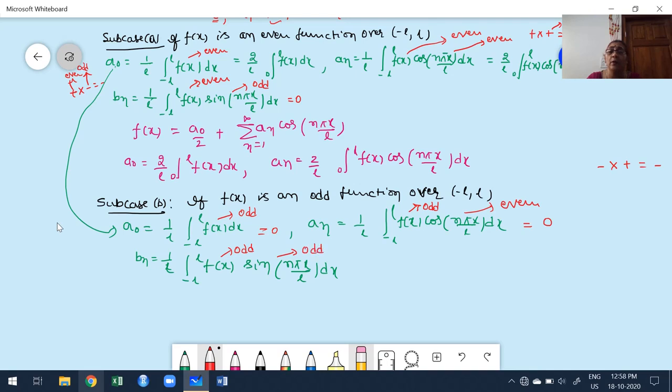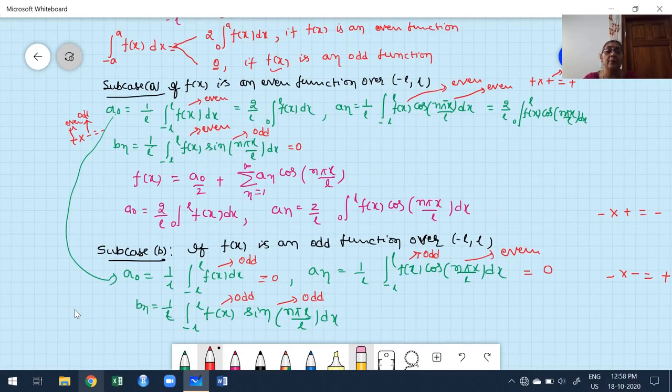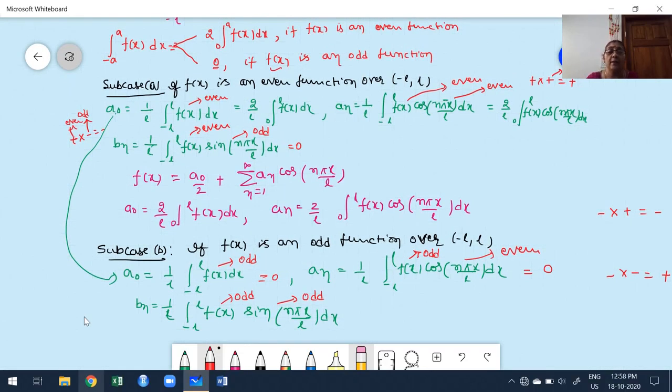You know that the product of two odd functions, minus into minus, is plus. The product of two odd functions is an even function, so from the definite integral property, this must be equal to twice of 2 by L, 0 to L, f of x sine of n pi x by L with respect to x.